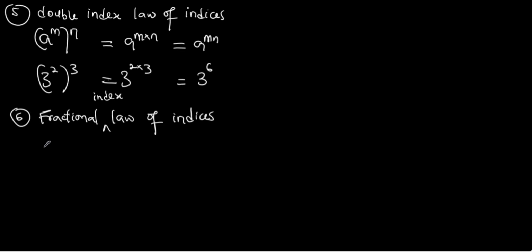So it says if I have a base, say A, for example, that is raised to a fractional index m over n. Of course, recall that a fraction is a number that can be written in form of a numerator and a denominator. So we have a base that is raised to the fraction m over n.